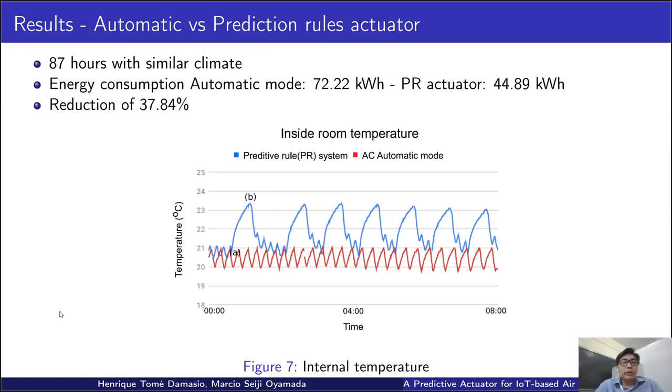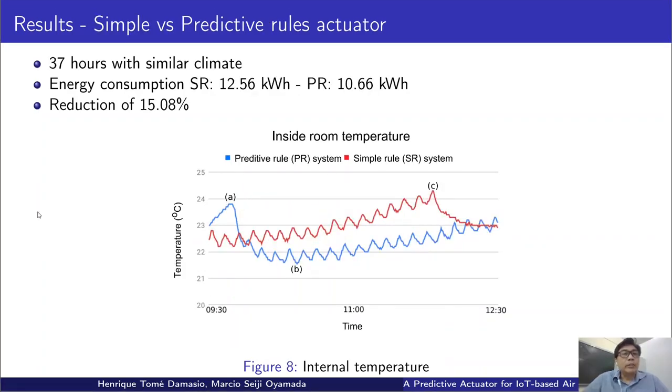In blue, one can see the behavior of the predictive rules actuator. At point A, it detects a low demand in the energy and turns off the air conditioner unit. And 1 hour later, it detects the internal temperature rising and turns on the air conditioner unit. And this behavior is repeated along the night.